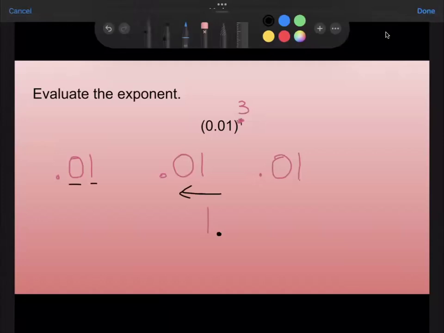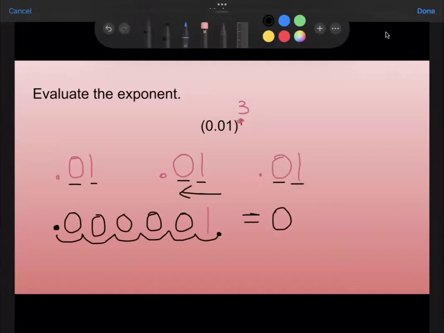So 1, 2, 3, 4, 5, 6. I need to move this 6 decimal spaces. So I'm going to go 1, 2, 3, 4, 5, 6. With my empty spaces, I'm going to put zeros. So my final answer ends up being 0 point, then 5 zeros, and a 1.